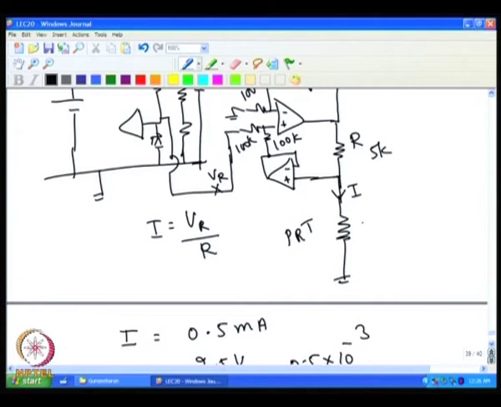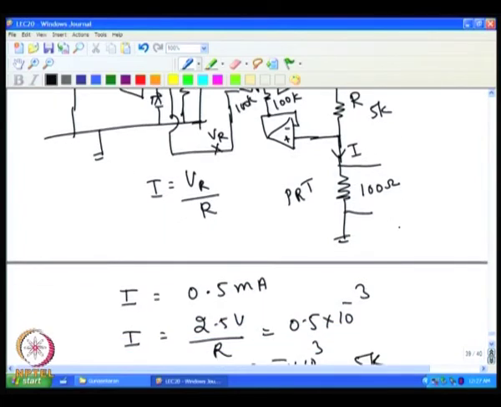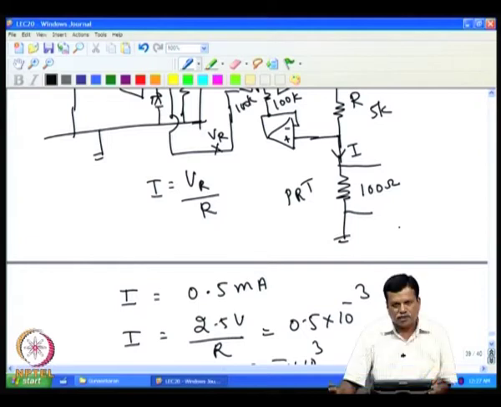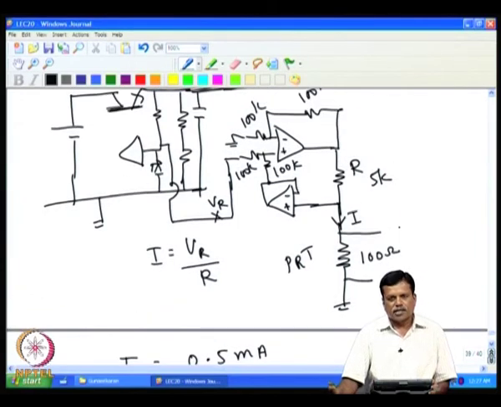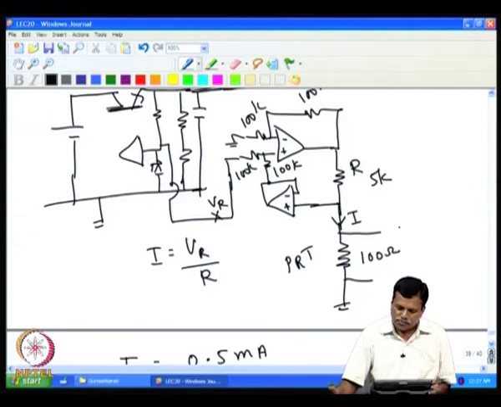Normally a platinum resistance thermometer of 100 ohm is what is used, that actually makes 100 ohm into 0.5 milliampere. At the lowest you will have 0.05 volt across this. This voltage is good enough for most of the single supply op-amp circuits, because with higher voltage we will have more issues in reducing the voltage later when we want to convert this voltage into current.